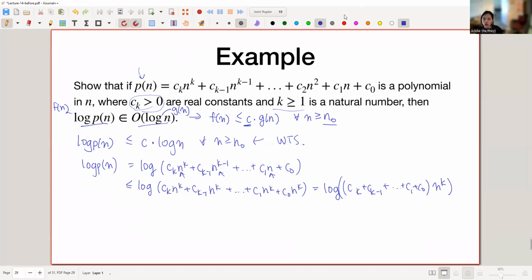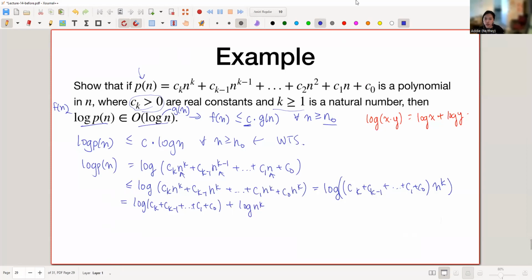Now we know from our log rules that log of x times y is equal to log x plus log y. So now that we have these two terms separated out, we can do the same thing here. This is equal to the log of just the constants, c_1 plus c_0, plus the log of just n to the k.